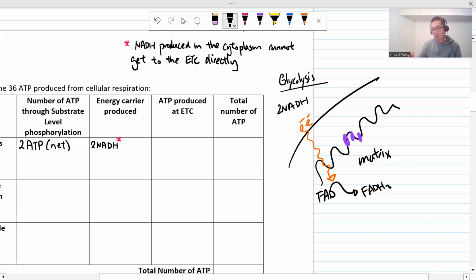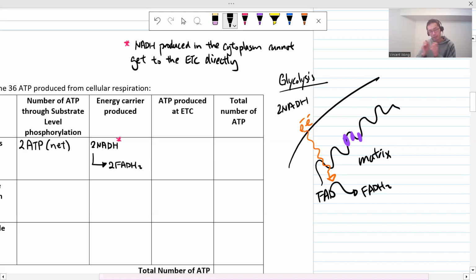You would have to pick them up using something that carries less energy. In this case, FAD. So over here, even though NADH is supposed to produce 3 ATP, because of the problem I just described, they actually get converted into FADH2.